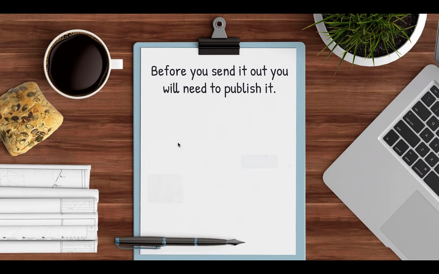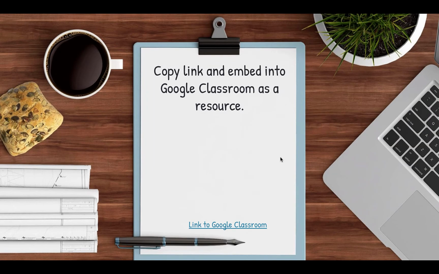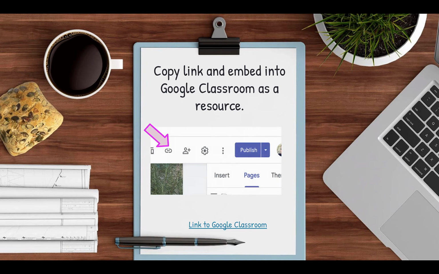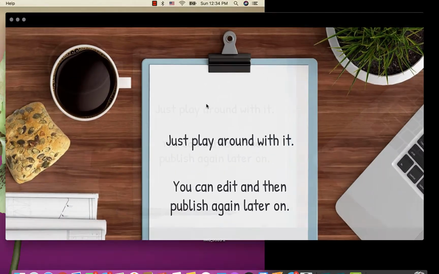So before you send it out, you are going to need to publish. I showed you where the publish is. It's up in the top right corner, right there. Then you would copy the link and embed it into your Google Classroom as a resource. So you would copy the link, here's your link, and then you would go to your Google Classroom and put it in.